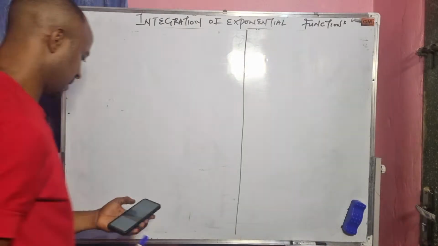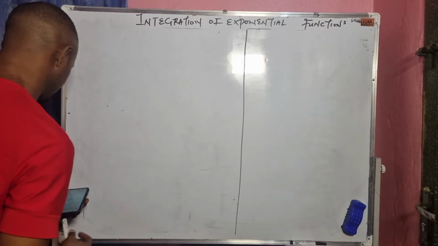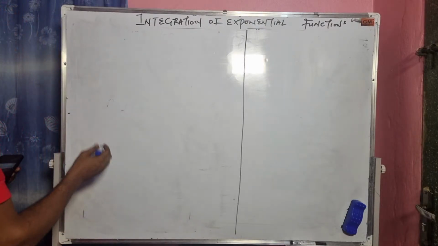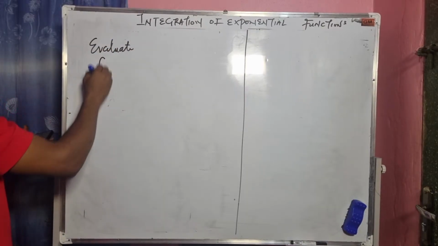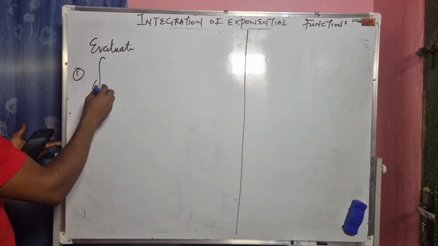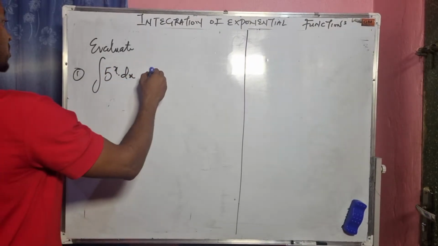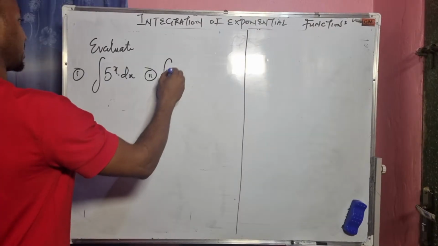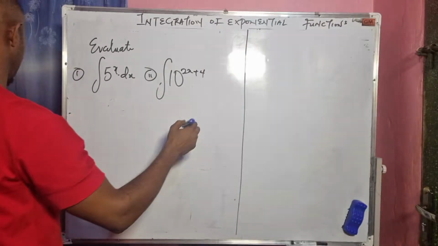All right, we have a question here. The first question I stated says, evaluate number 1, the integral of exponential 5x dx. Number 2, exponential 10 to the power of 2x plus 4.